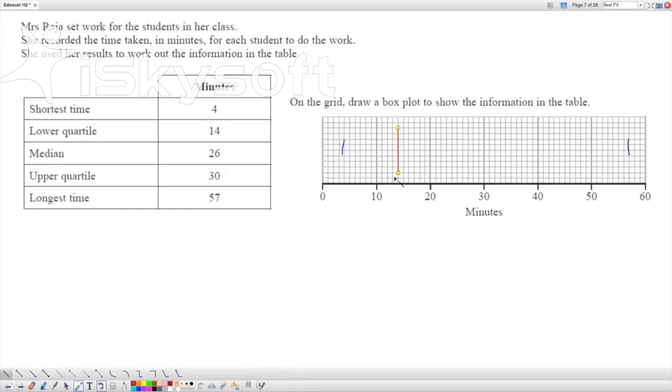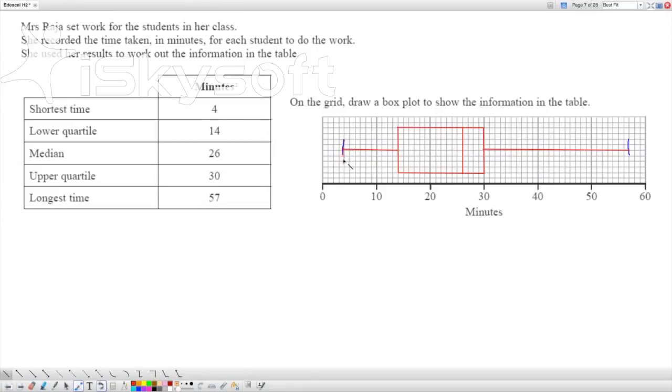So here we have one line at 14, one at 26, 1, 2, 3, 4, 5, 6, line down here, and our third line for the box, the upper quartile at 30. Here, connecting here to the box, here, and then connecting out to our highest and lowest value.